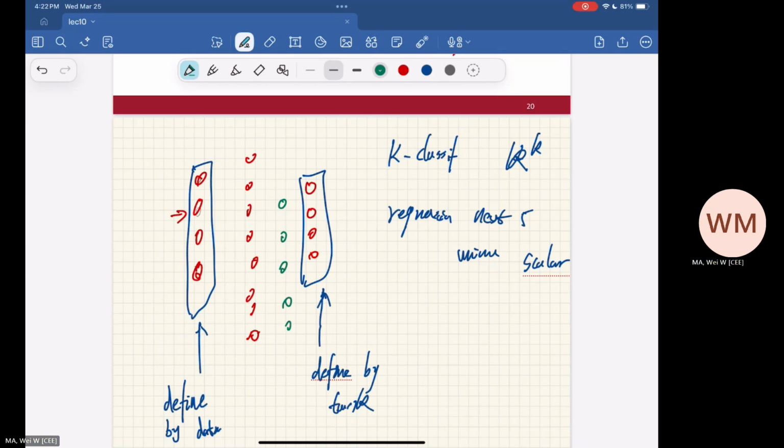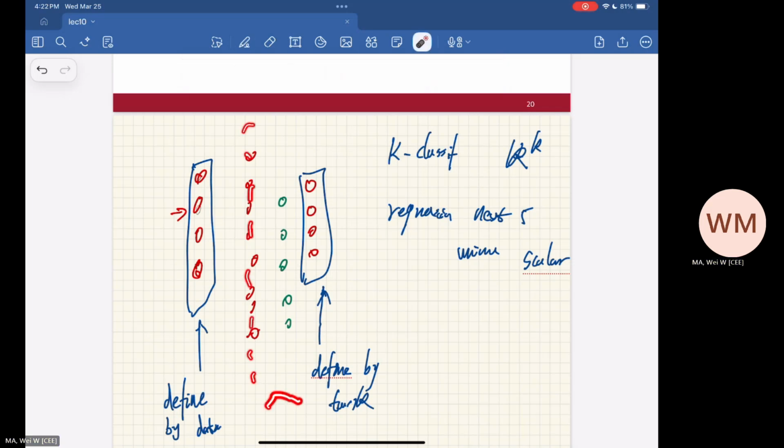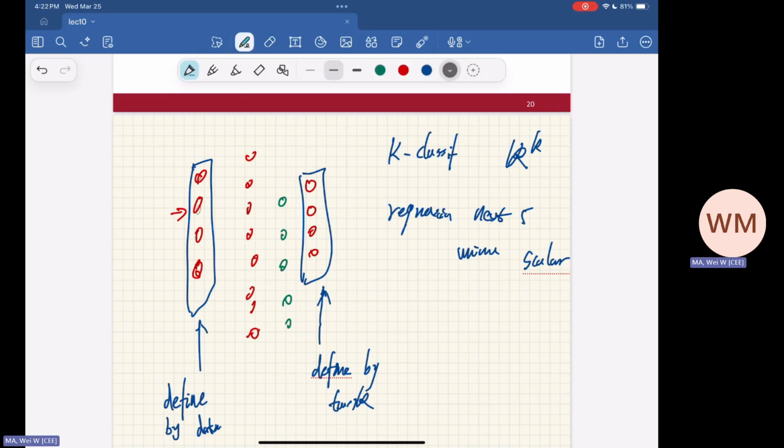So I have two choices. One choice is that I put a lot of neurons in one layer, or I can use multiple layers, each with some neurons. So that gives you two options. Here comes the terminology.